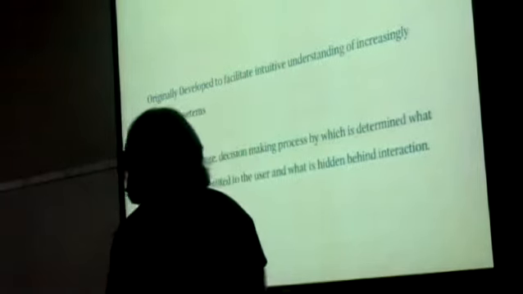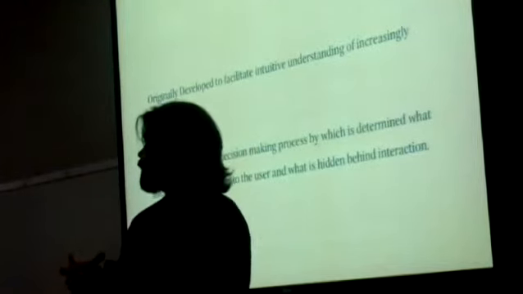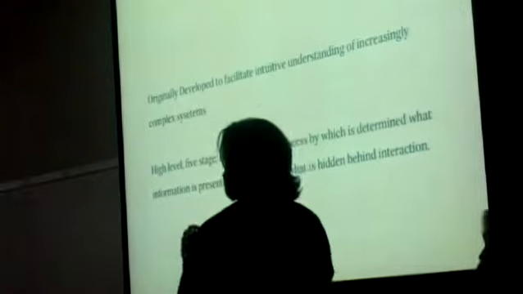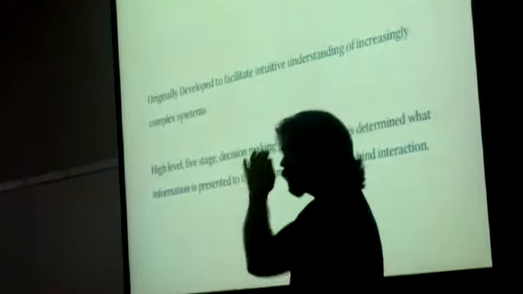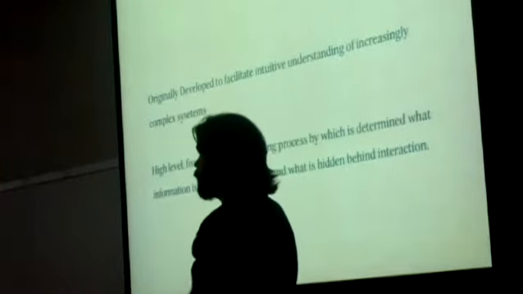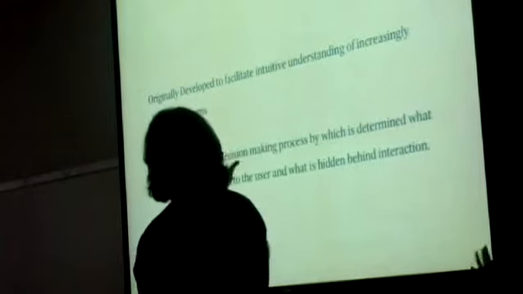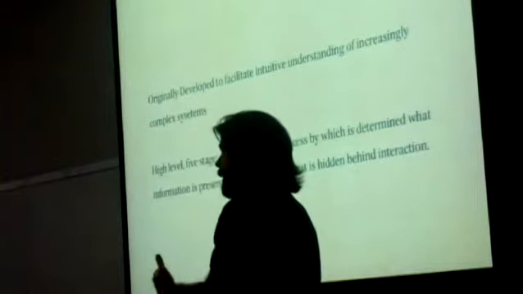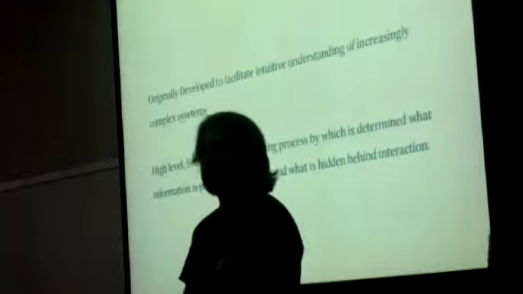So you're basically thinking of the environment as the thing that you need to design, because you want to train your user as they're using it, so that they can understand what to do, because they have goals, but you have goals as well. So the environment has its own set of goals. It was originally developed to facilitate this complex system stuff, and it was actually first implemented in nuclear power plants, which is amazing.